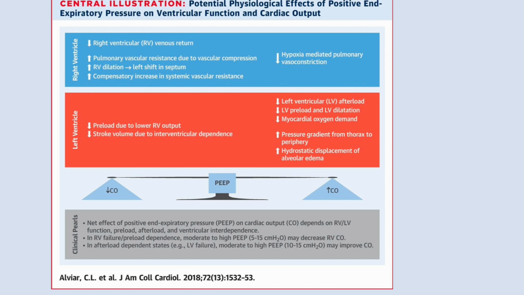An example is tetralogy of Fallot. Patients with tetralogy of Fallot might not tolerate positive pressure ventilation because they are right-sided dependent. However, if a patient has left ventricular failure, their cardiac output improves after giving them positive pressure ventilation.